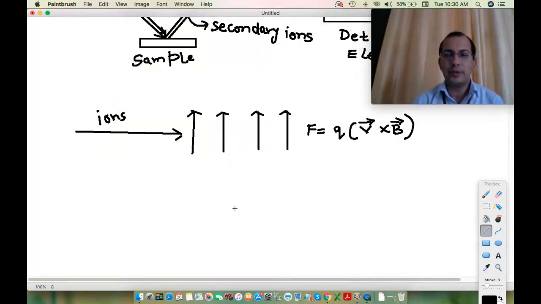In the case of the electron multiplier detectors, you have dynodes which are at a variable potential in the detector.